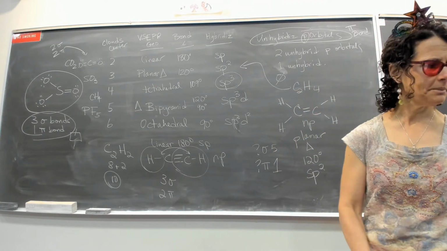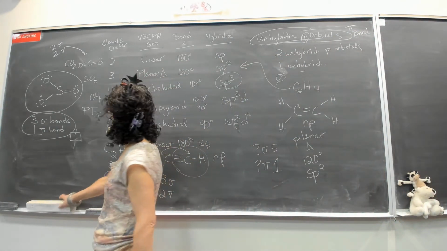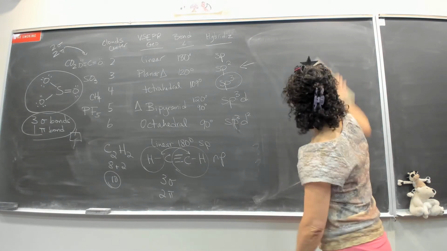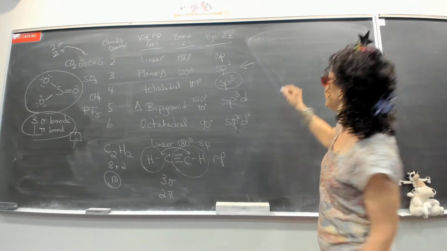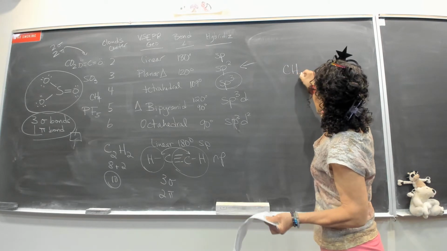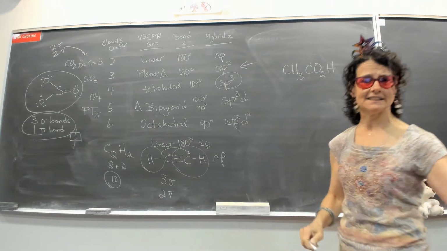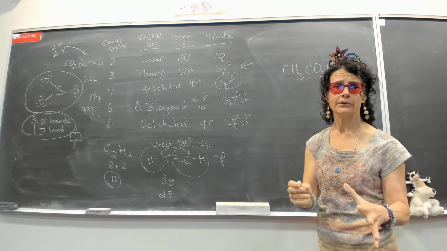I'll do one more on this page, which is CH3CO2H. I wanted to do this because we're going to be getting into organic chemistry, as I mentioned. And I don't want you to be afraid of it. You hear all these things and, oh, what do I do with all this? But this is trying to tell you what's happened.